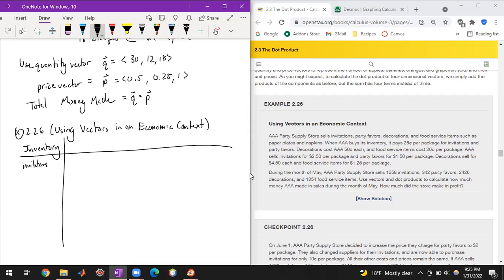So their cost is 25 cents, and for party favors it's also 25 cents. They pay 50 cents for decorations.